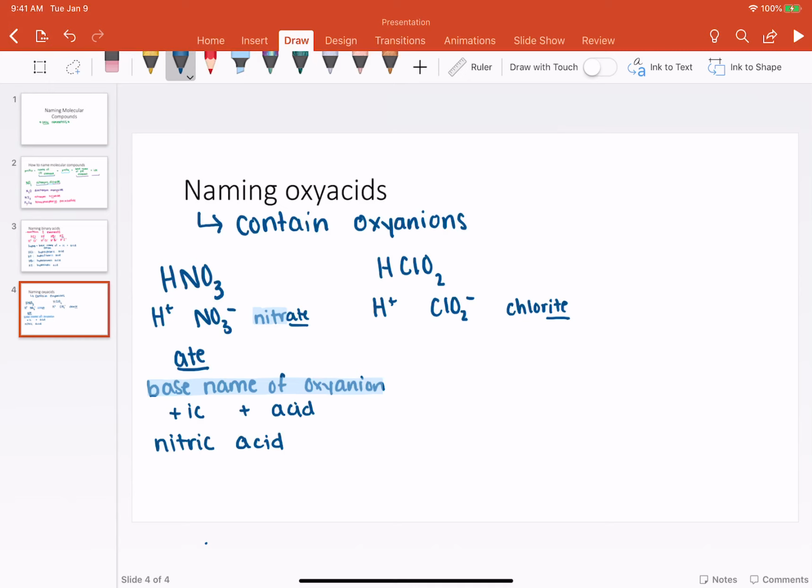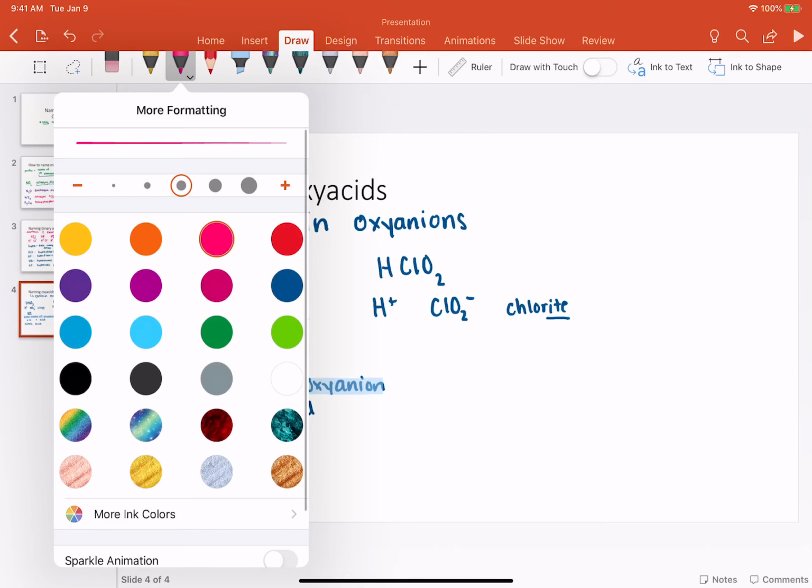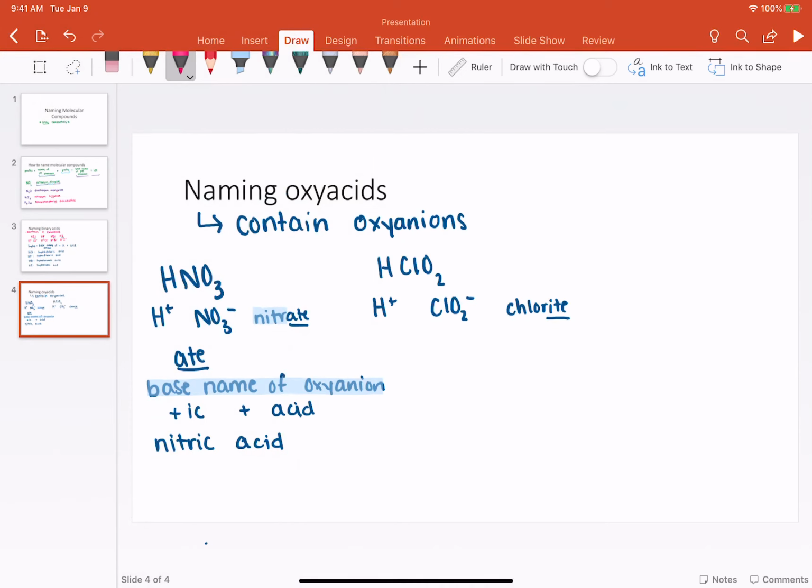Another example would be HClO4. So remember that ClO4 minus is chlor, or excuse me, it's perchlorate, because it has one more oxygen than chlorate.